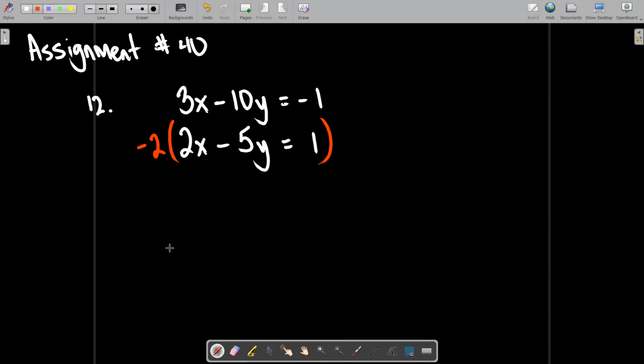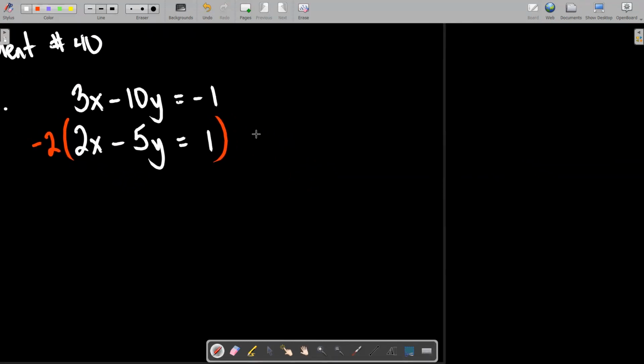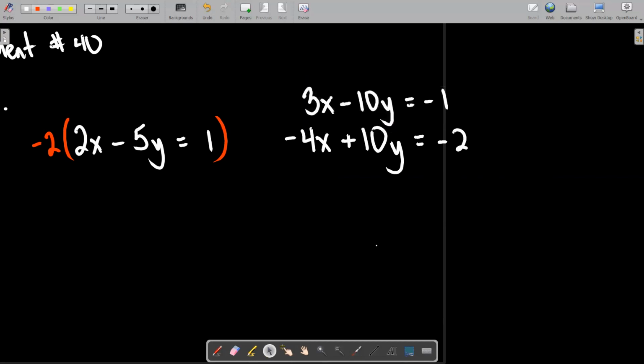So that equation, when I modify it, will come out to -4x plus 10y equals -2. And then this top equation doesn't change, so I'm just going to copy it over there.